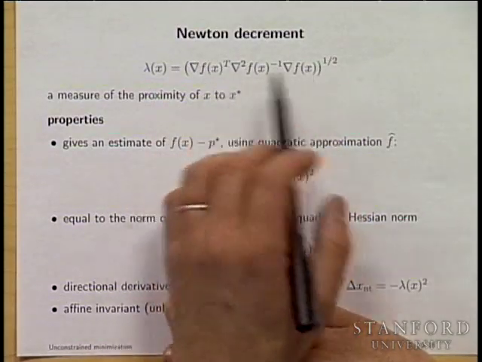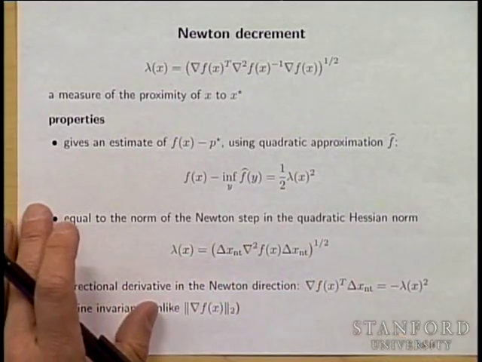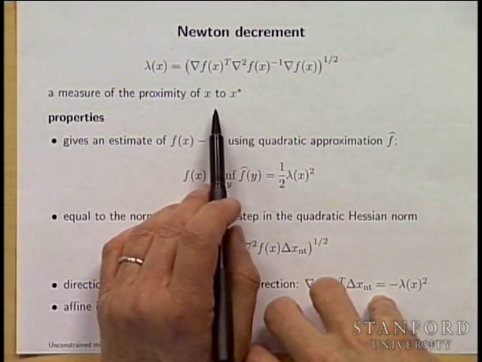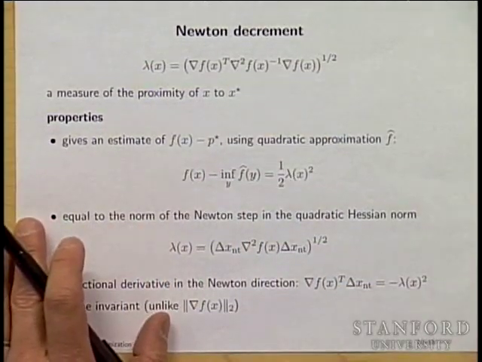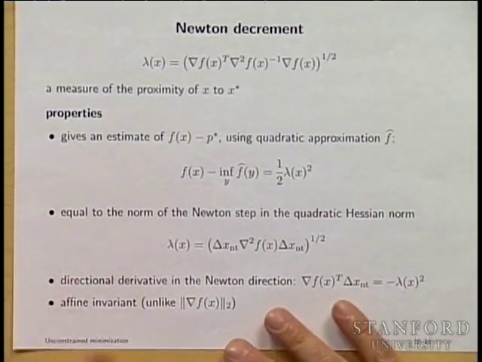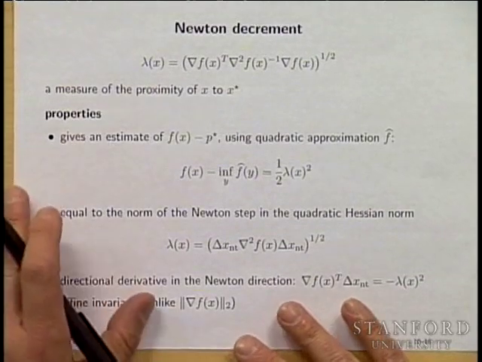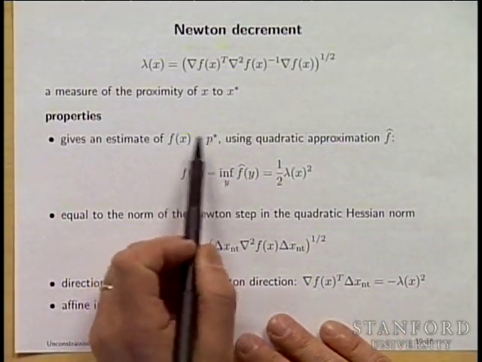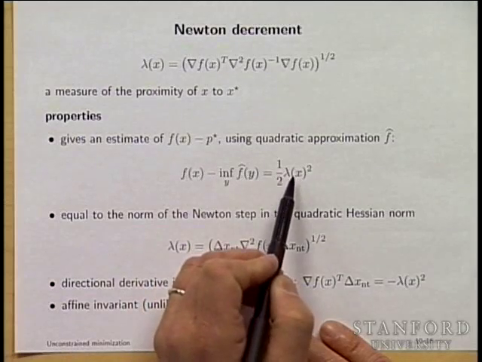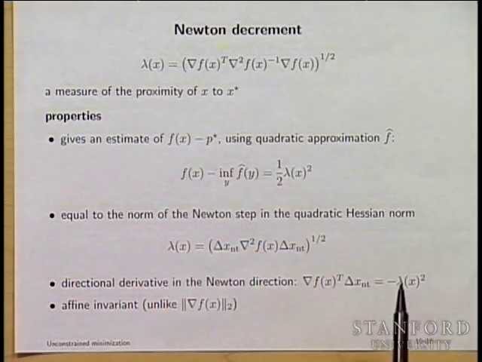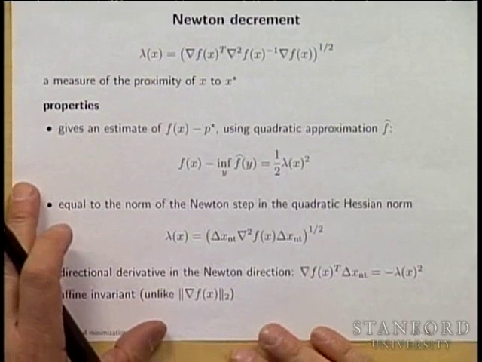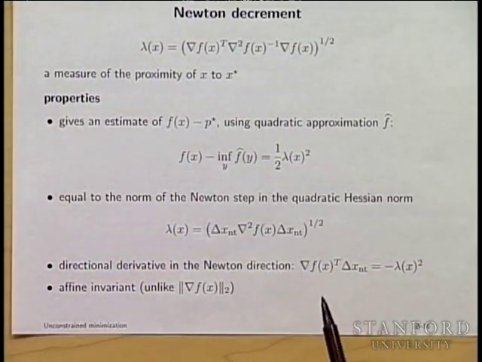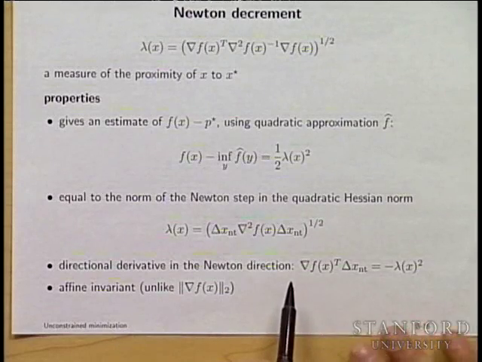It's a measure of the proximity of x to x star, and it's a good one; we'll see some very good properties of it in a minute. It allows you to make a very good approximation of how suboptimal you are. One half lambda squared is a very good approximation of how suboptimal you are. It's basically the norm of the Newton step in the quadratic Hessian norm. It's also the derivative in the Newton direction.